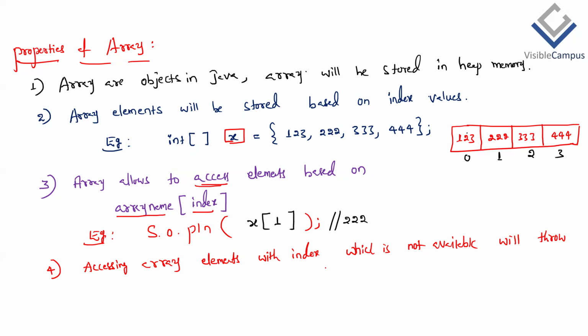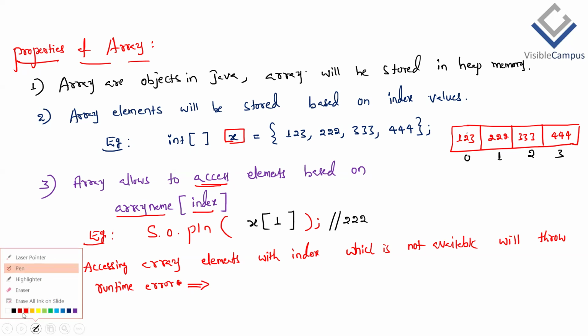Will throw no syntax error, but will throw runtime error. Runtime errors are called as exceptions in a programming language that we'll discuss later. Runtime error, and you are expected to remember this error name with proper case sensitivity also.